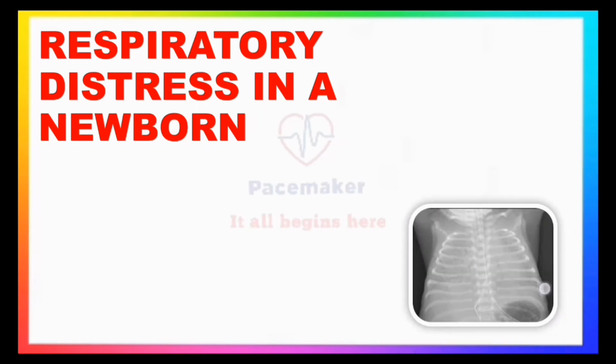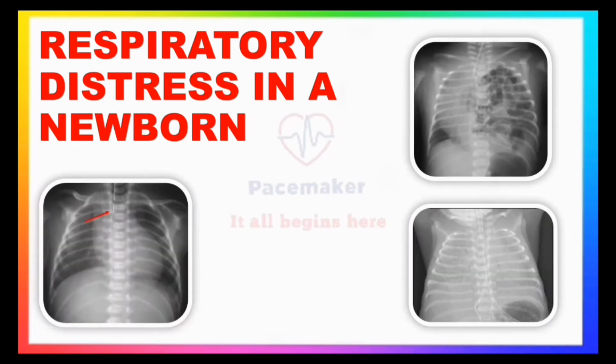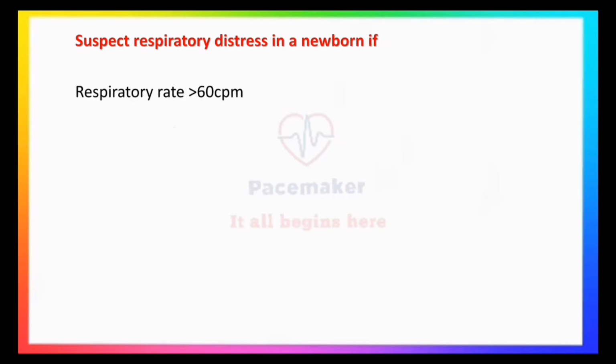There are so many causes of respiratory distress, and first of all, how to suspect that a newborn is having respiratory distress or not. For that, these five indicators come in handy. The first one is a respiratory rate of more than 60 cycles per minute. If the newborn has a respiratory rate of more than 60 per minute, then you have to suspect respiratory distress.